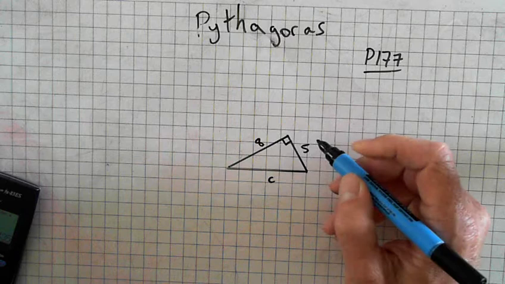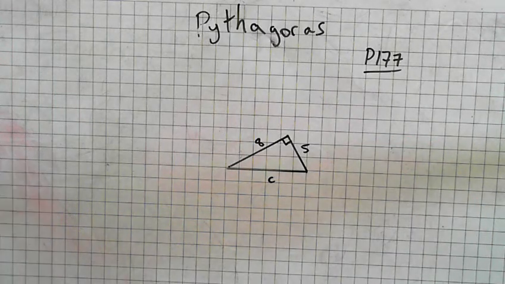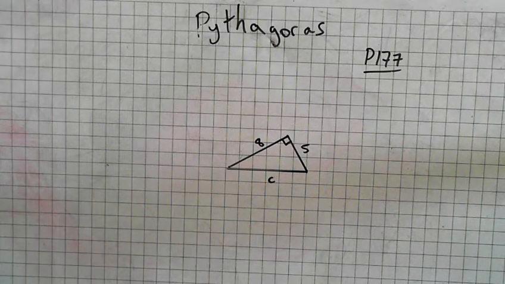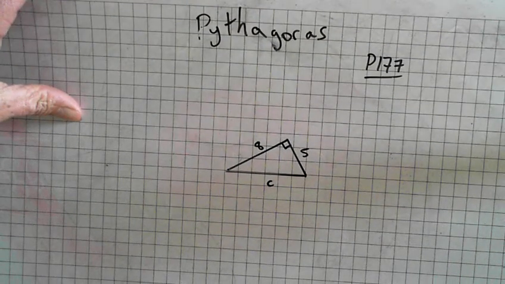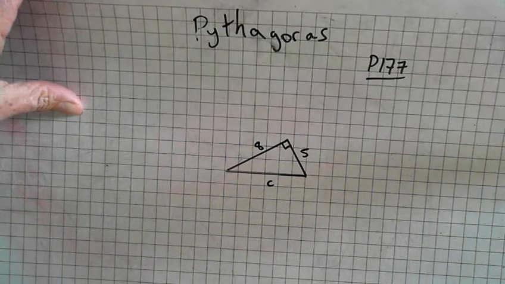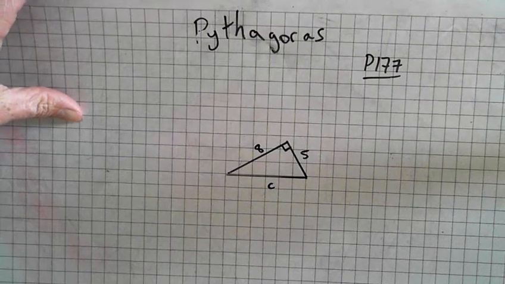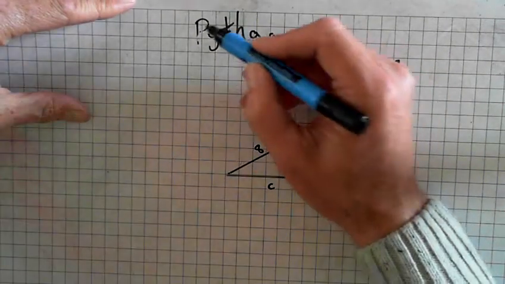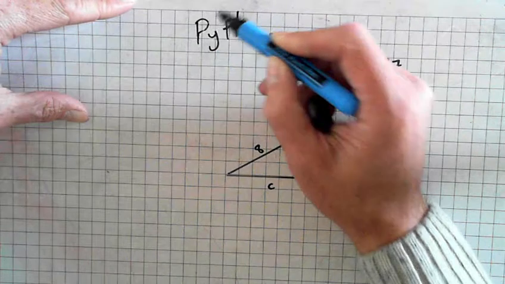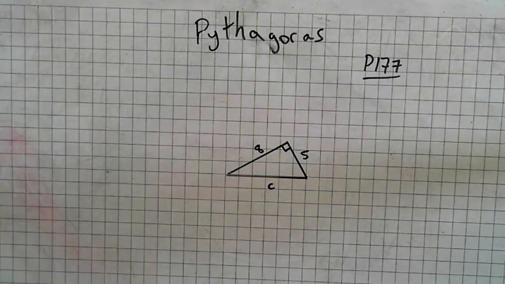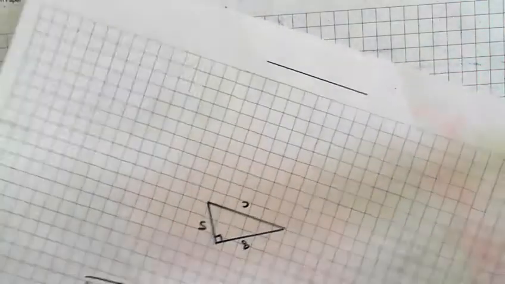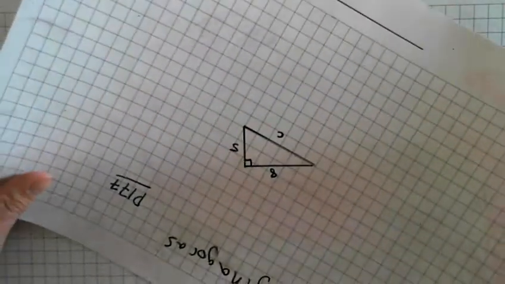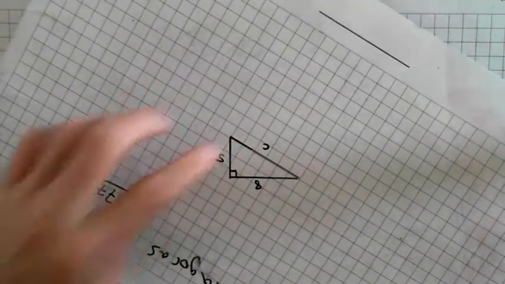What do you notice about this triangle straight away? It has a 90-degree angle. Yeah, it's a 90-degree angle, but it's not sitting the way you normally look at it. So you can draw it like that on your page first, and then you can turn it around to suit yourself. Like that. Alright, so C is the big one, isn't it?